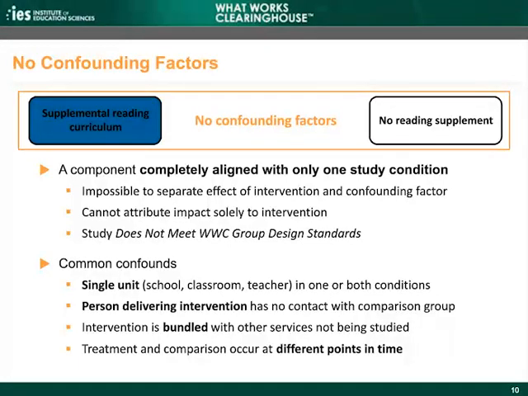The most common confound we see is that there is only one unit in one or both conditions. For instance, a new behavioral intervention is implemented in third grade in one school, and outcomes are compared to the third grade in the nearest school. Unfortunately, in this case, we cannot isolate the effect of the intervention because the intervention and comparison schools may differ in ways related to behavioral outcomes.